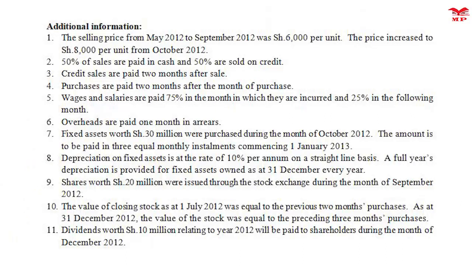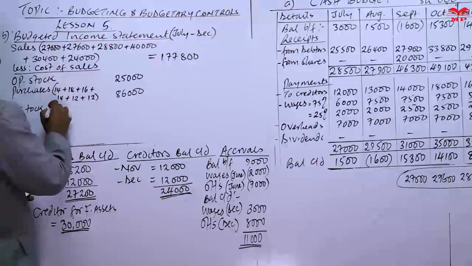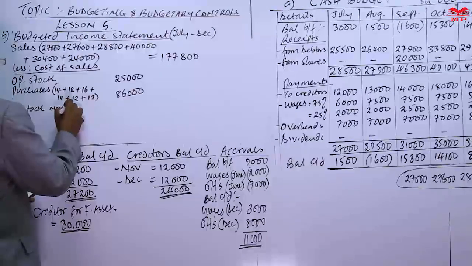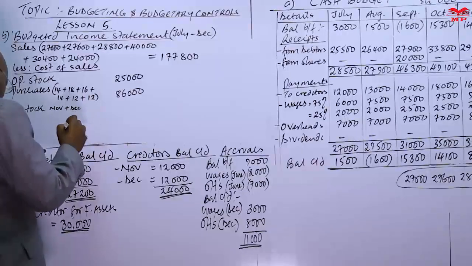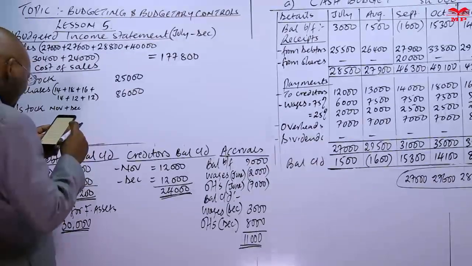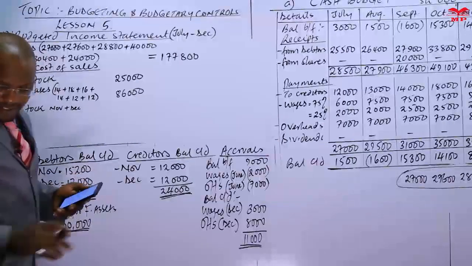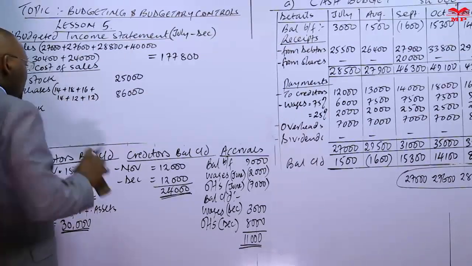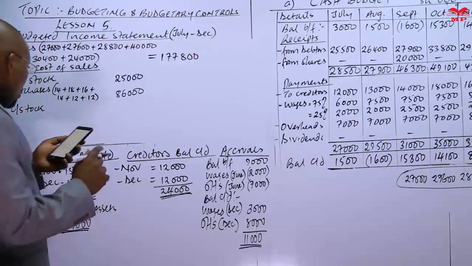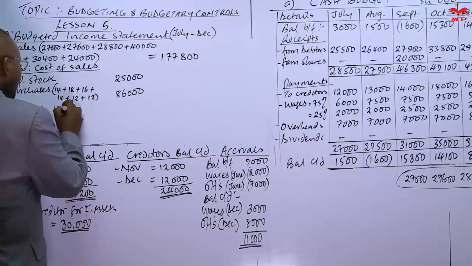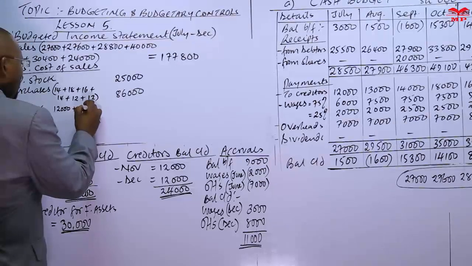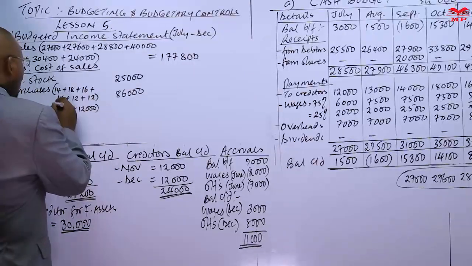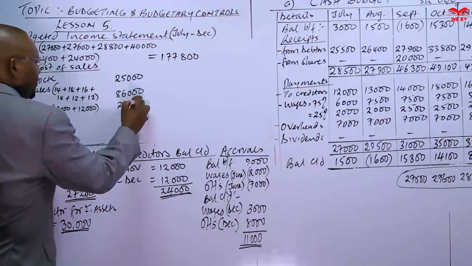So we are going to have here November and December purchases. Because you have the instruction, I can just add here. November is 12,000, December is 12,000 purchases. So the closing stock is 24.